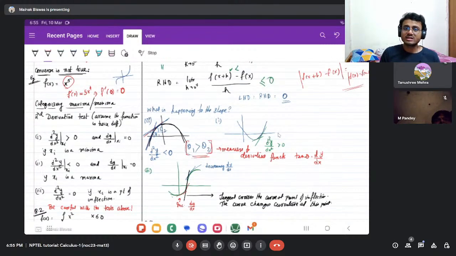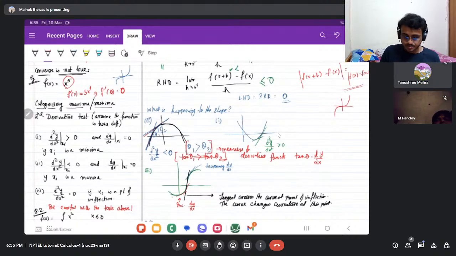If theta 1 is greater than theta 2, is tan theta 1 greater than tan theta 2? Tan theta is an increasing function. This is your tan theta function.